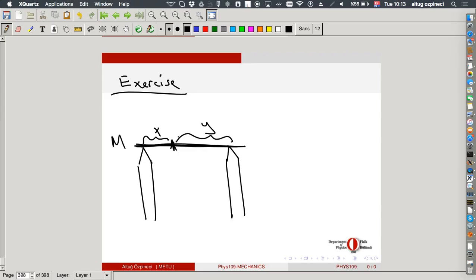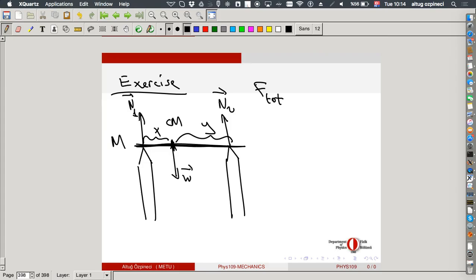There is a weight acting on the center of mass, and the two normal forces, N1 and N2. Well, let's just assume that my fingers are fixed. So there's no friction force.